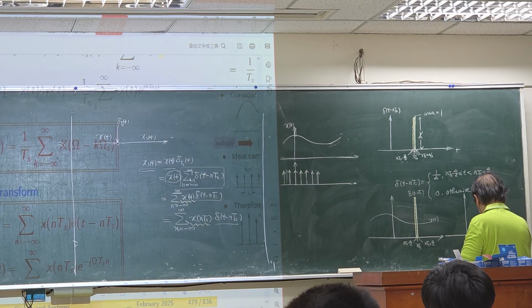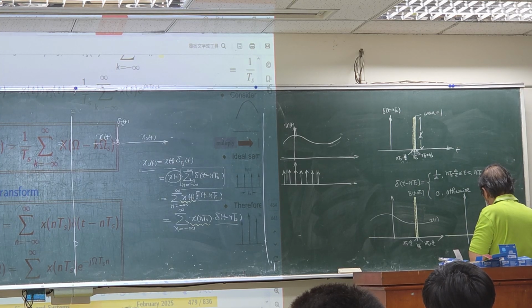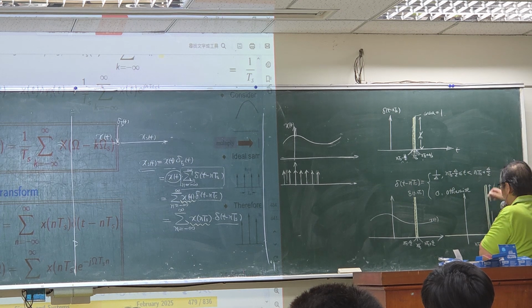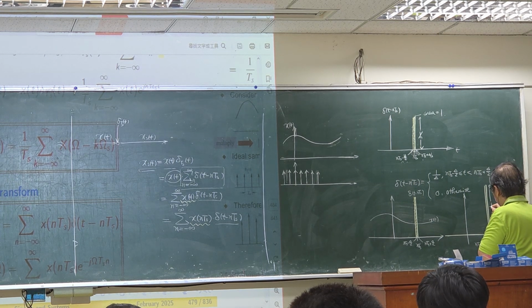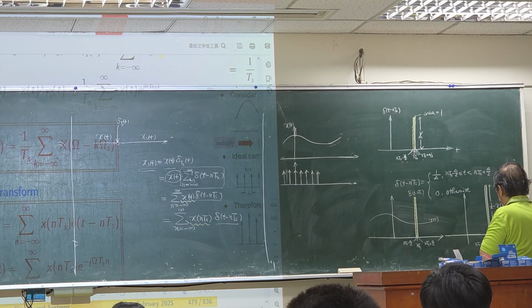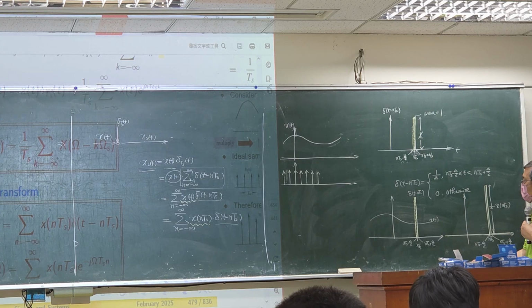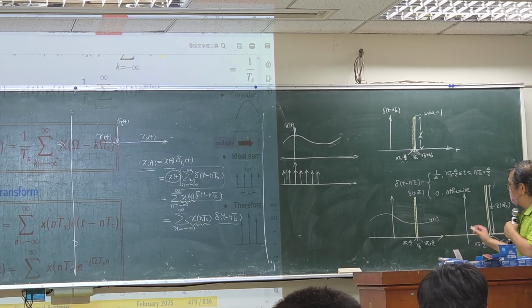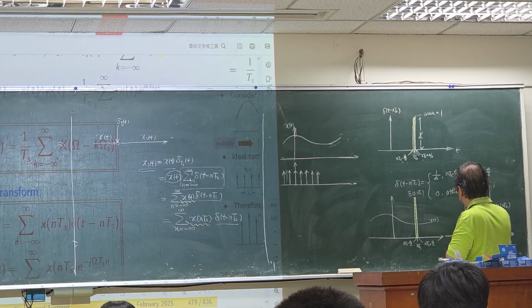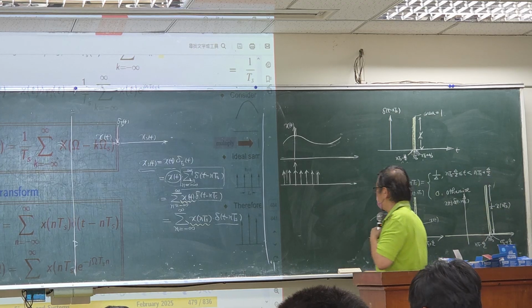But this time the function value is 1/delta times x(nTs), right?